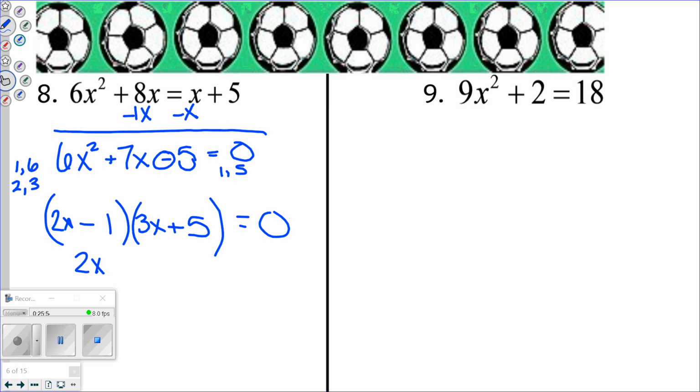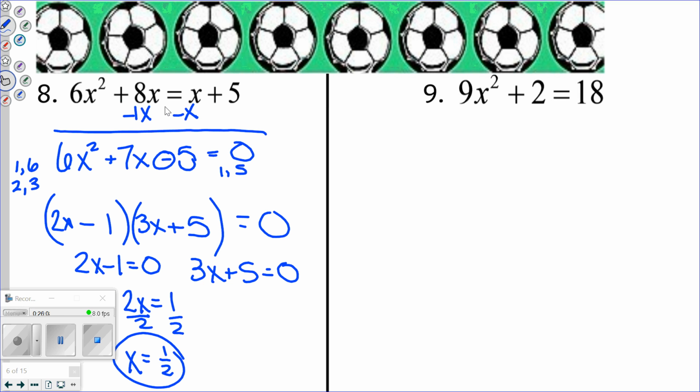All right, so then we set each factor equal to 0. And we solve. So we'll get 2x equals 1, so x equals a half. 3x equals negative 5. Divide by 3. So x equals negative 5/3.